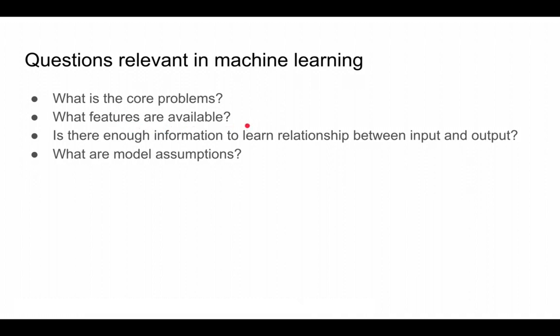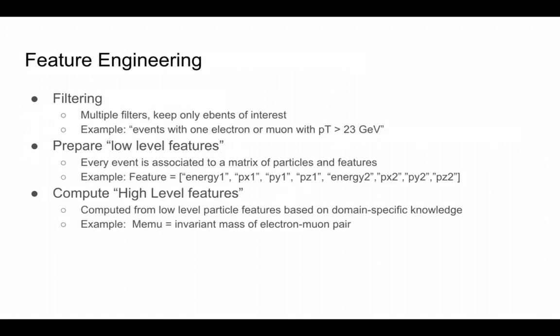In particular, is there enough information to learn the relationship between the input and output? Whether or not there is prior knowledge for the model assumptions that we should use in order to satisfy all criteria required for the problem. Therefore, feature engineering is crucial as a first step for machine learning.